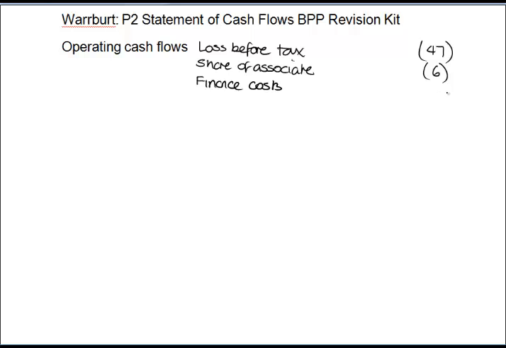We've got finance costs. Now, finance costs are a deduction in the income statement, so what I'm going to do here is add them back. Now, I've referenced finance costs to note 6. It looks like some adjustments are required.